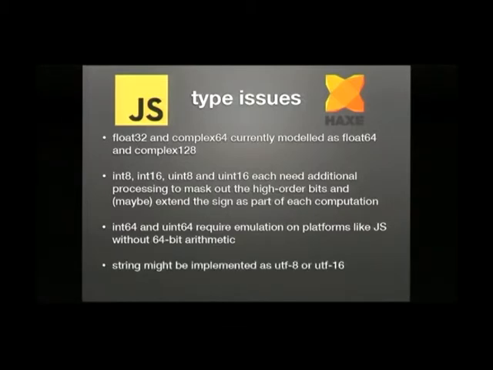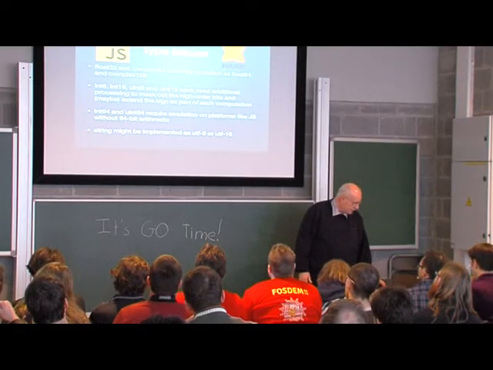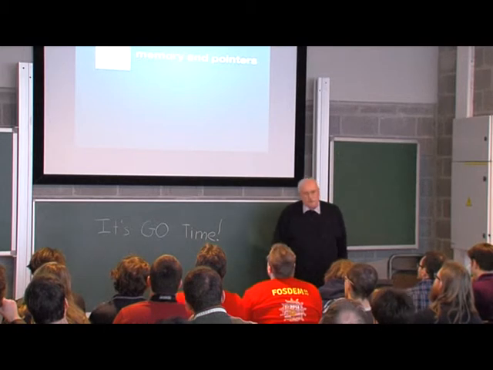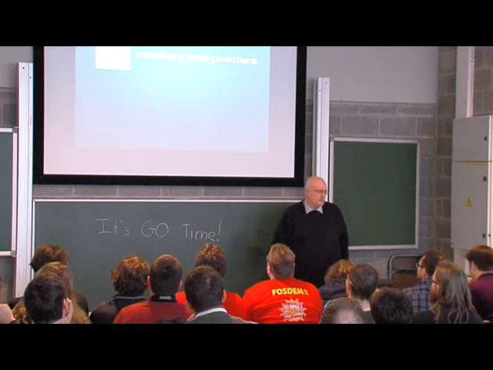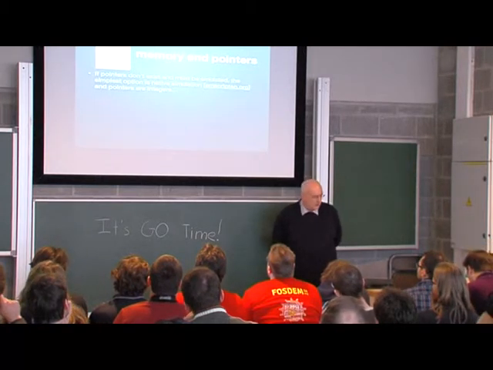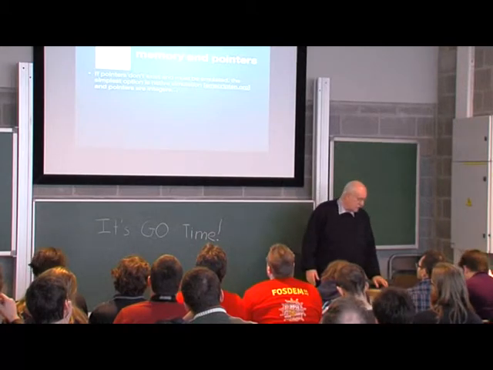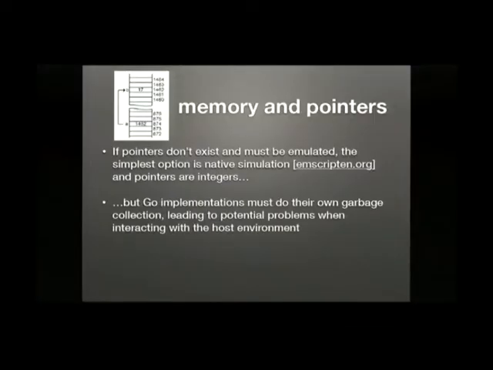A string on one platform can be a different encoding to another platform, and you've got to work around that. But one of the biggest issues is memory and pointers. Clearly, some of these platforms don't have pointers, and you've got to actually emulate them in some way. Emscripten does it by creating an array, which is the memory. But the problem is that when you try and do that, the various garbage collection activities can collide with one another, so it's really awkward.